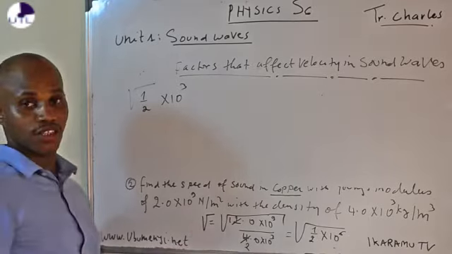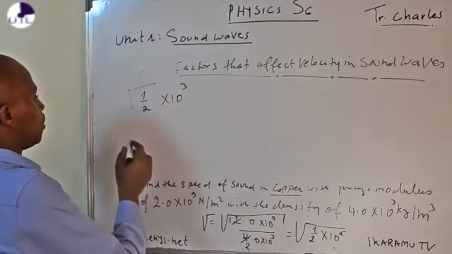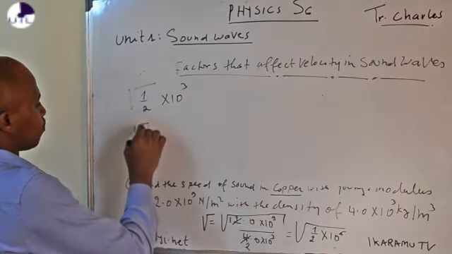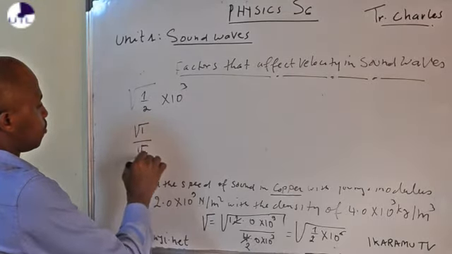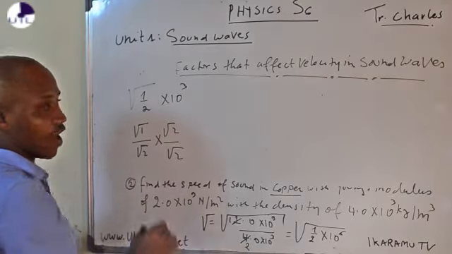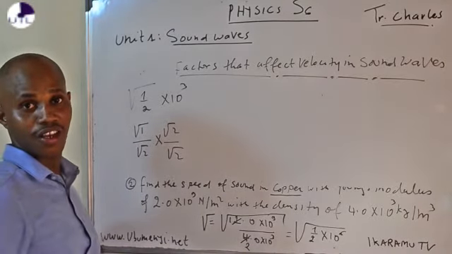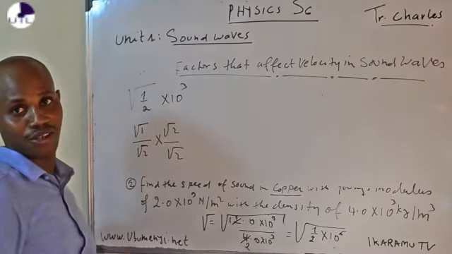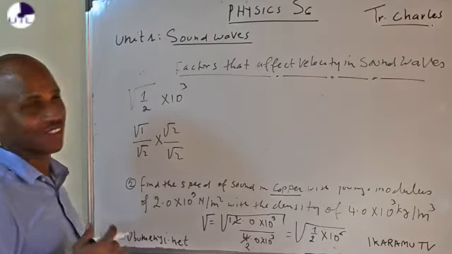Then by using the properties of irrational numbers, that is the square root of 1 over square root of 2, then times the square root of 2 over square root of 2. Is it not interesting? Now we are coming back to mathematics, but still this is physics.